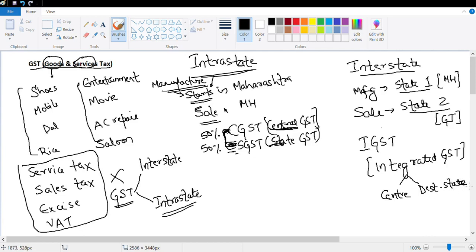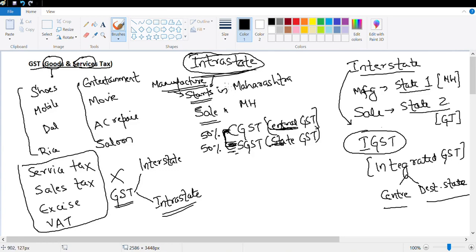Now, why am I telling you all this? This is not really relevant for your questions. What is most important for your questions is the fact that IGST is charged only when interstate transfer happens, and CGST and SGST is charged when intrastate happens. So that's something that you need to remember.